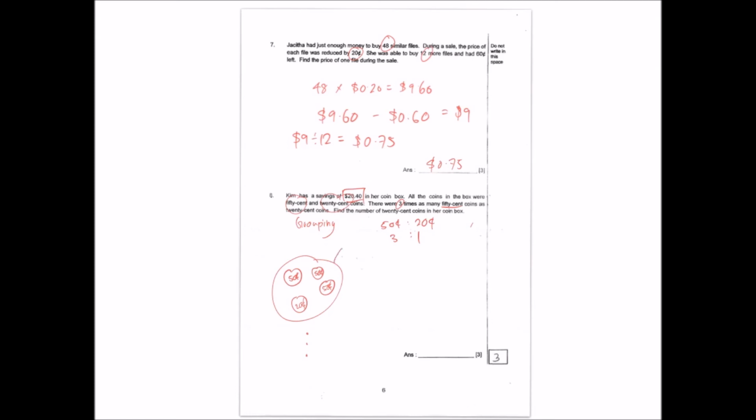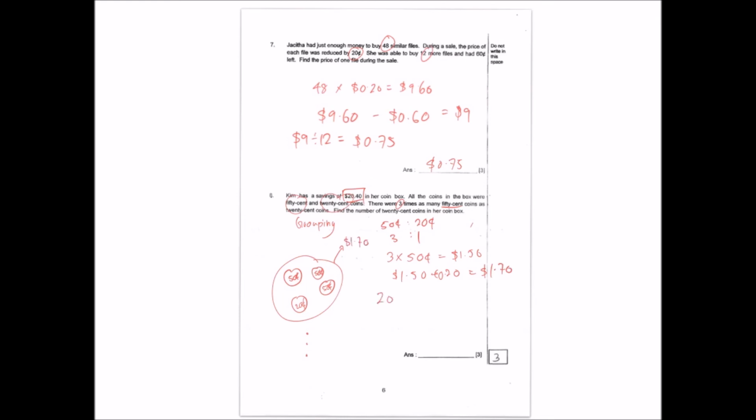Each group will be 3 times 50 cents, which is equal to $1.50, and add with another 20 cents, which will give you $1.70. That is the value of one group. Then you know that the total value is 2040 cents.